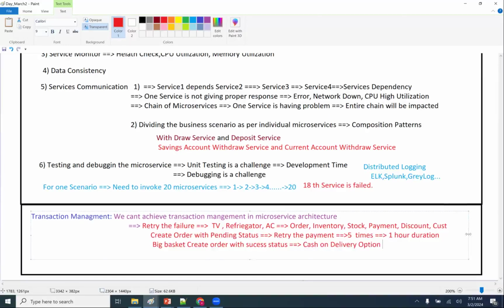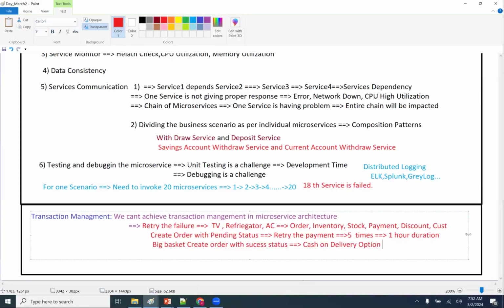If a payment problem comes, we need to think that it will not be a permanent problem. It will be solved with a retry mechanism, and we should not roll back the other microservices. We should continue with the other microservices. Our workflow should be continued. So that is a high-level gist on transaction management. Clear, guys, everyone?